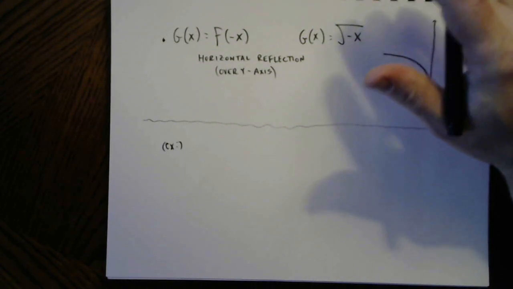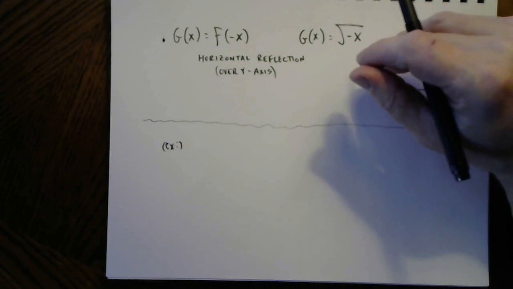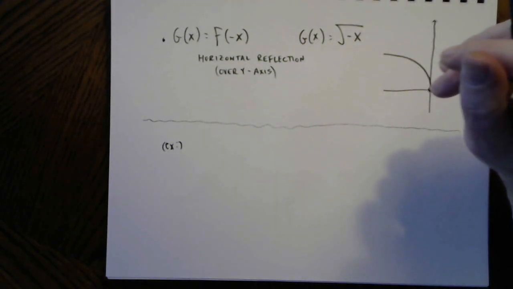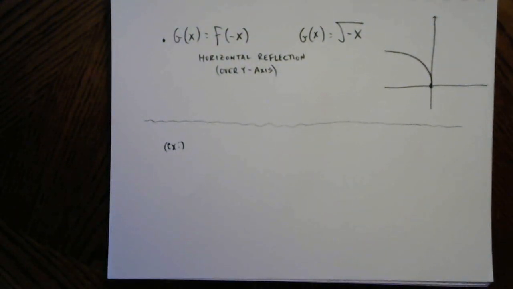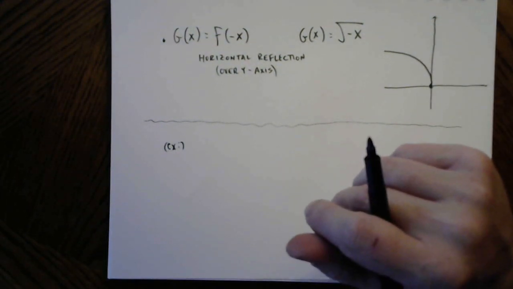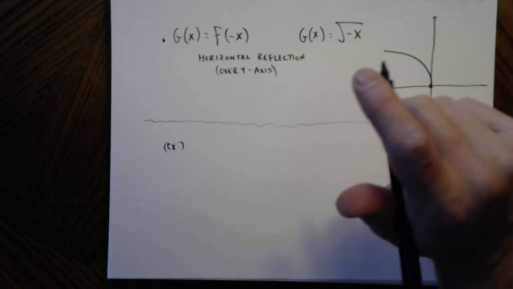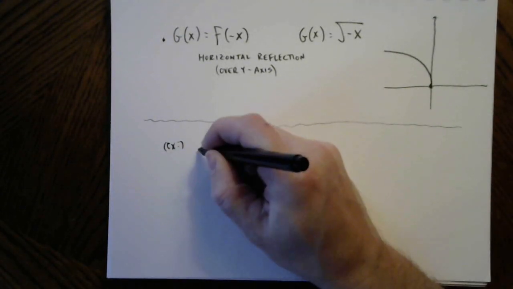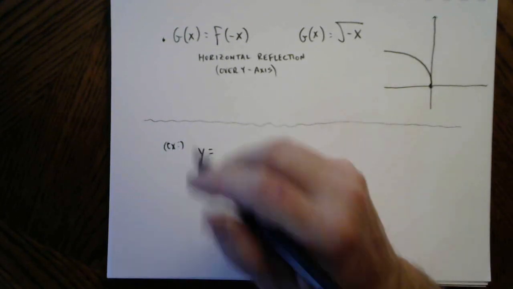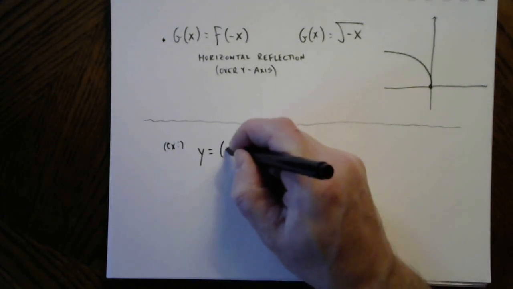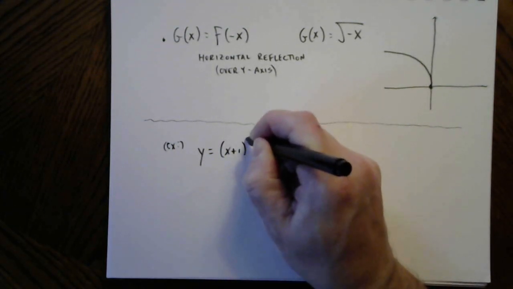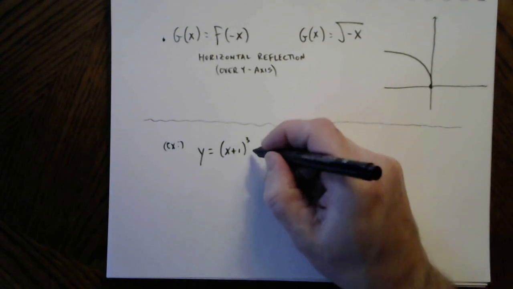Again, we're not interested in XY coordinates so much. So what we need to do, it's kind of a 2-step process. I'm going to use Y just because it seems like that's what the book does in the exercises. Y equals x plus 1 cubed plus 2.